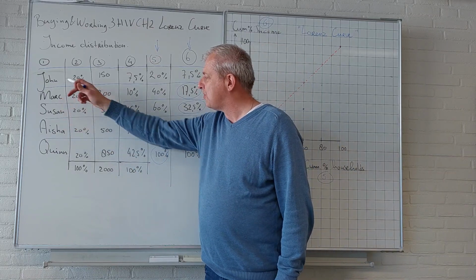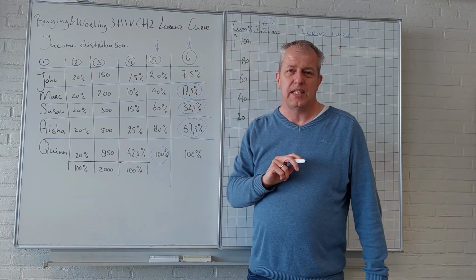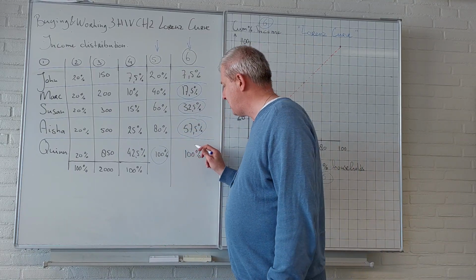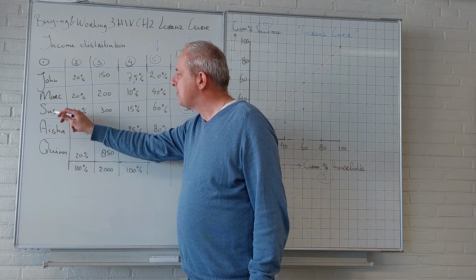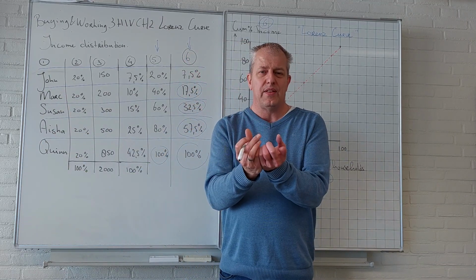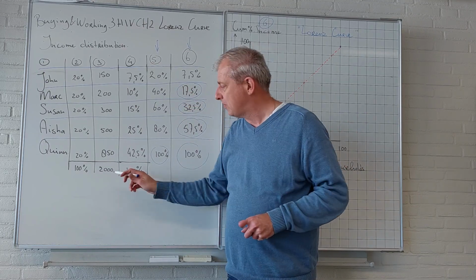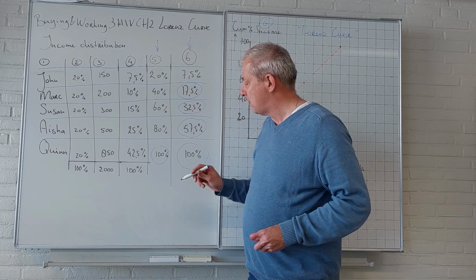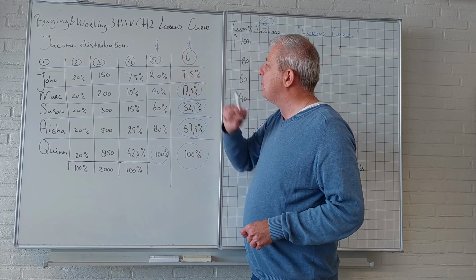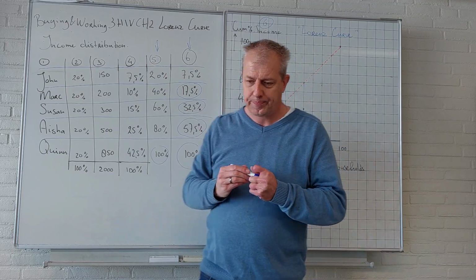Aisha, Susan, Mark and John earn 57.5% together. And obviously, Quinn, Aisha, Susan, Mark and John, so everyone earns the whole amount of money. So 100%.